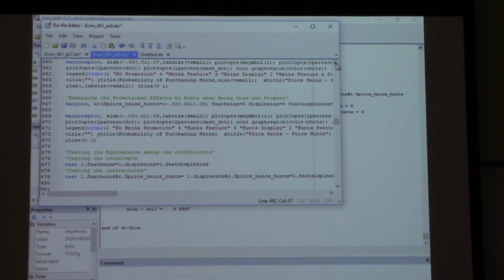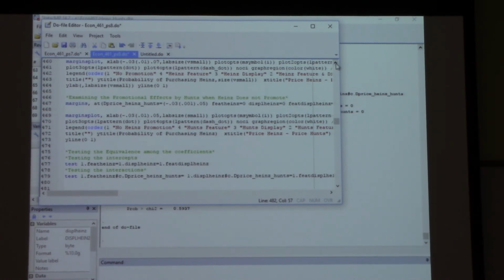Or they cancel each other out, and there'll probably be some difference, but we'll need to see what it is. It's probably not going to be a statistically significant difference. So that's basically what we want to see. What happens, and then we can do this for what happens when we're on display and they're on display. We're on feature and display and they're on feature.